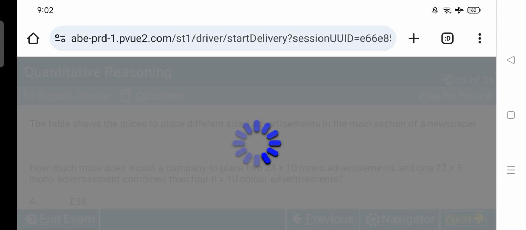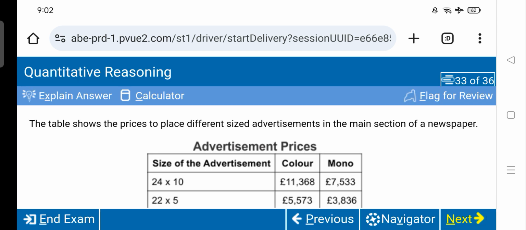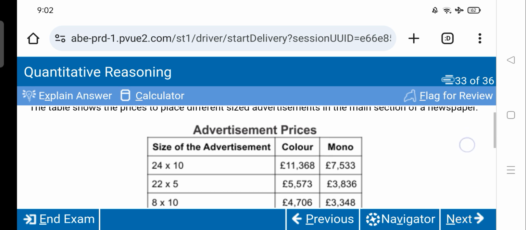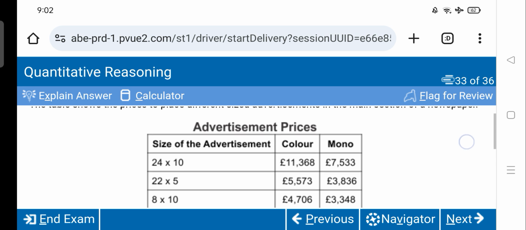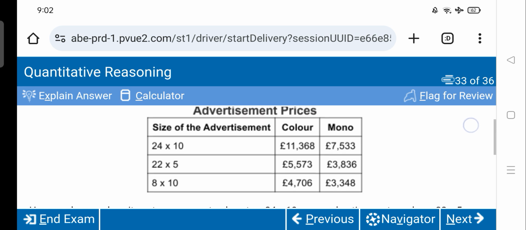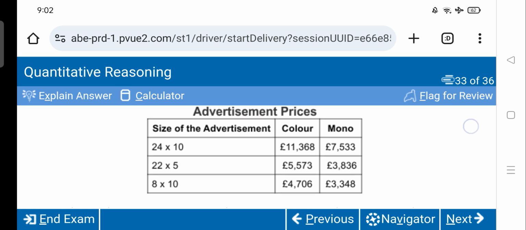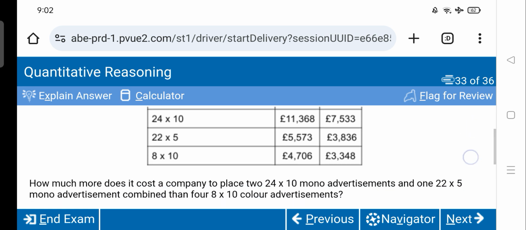Next we have question number 33, which says the table shows the prices to place different size advertisements in the main section of a newspaper. So here we have these advertisement prices: size of the advertisement, then color, and then mono.